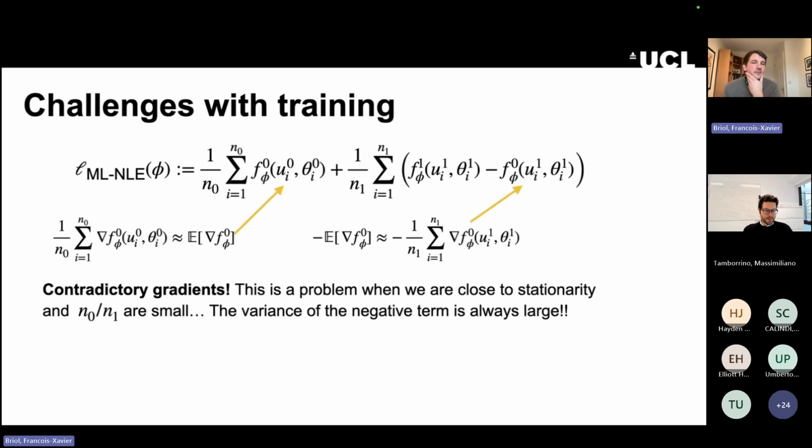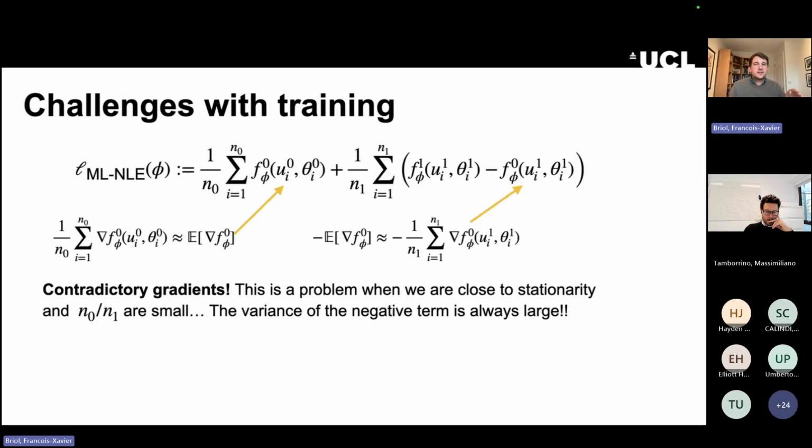If I look at this objective, here I've just got 2 levels of fidelity. Once I start doing optimization of this objective, I'm going to start looking at gradients of it. The first part will give me a term which looks like the expected gradient of F0, whereas the very last bit will look exactly like the negative of that expected gradient of F0.